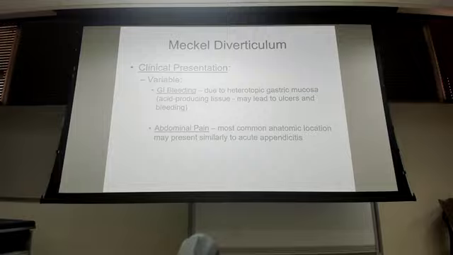Actually, you can diagnose it usually somewhere less than 10 years of age, so a kiddo. So they can have abdominal pain mimicking appendicitis, painless lower GI bleed, and when they go in and if they're looking with a scope, they're going to see that there's ectopic gastric mucosa secreting acid, so that can cause an ulceration.